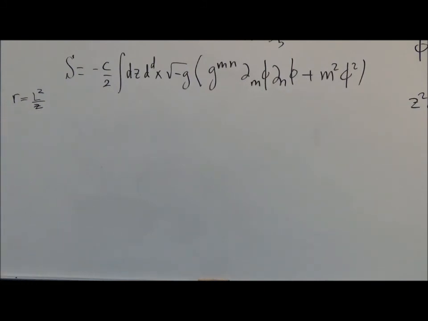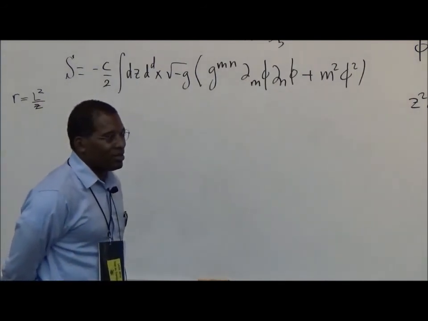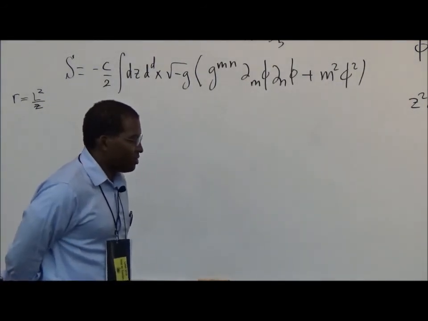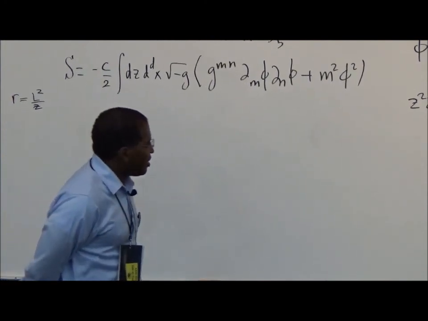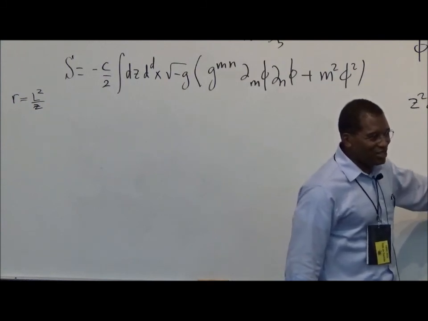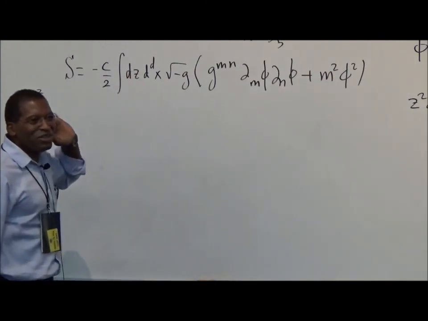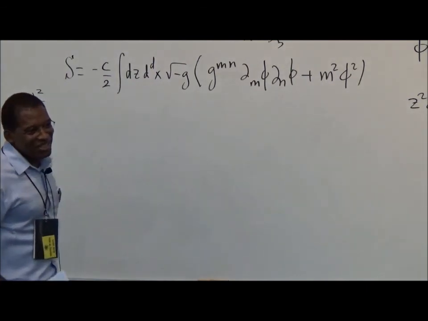This is a scalar, so I can use a partial derivative as well. Good. You say that is the behavior of the field in the limit when you go to infinity. What is going to infinity? No, z is going to 0, but z equals 0 is the boundary. I call it infinity, but it's the boundary.